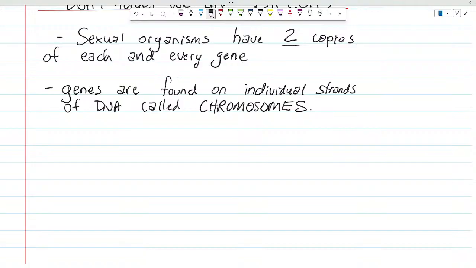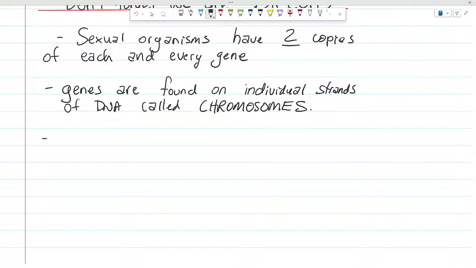So the entire genome isn't stored on a single piece of DNA. As it happens, yours is stored on, we said already, does anyone know how many chromosomes humans have? 46. 46, which is actually 2 sets of chromosomes, because you get 1 set of chromosomes from your biological mother, and you get 1 set of chromosomes from your biological father.